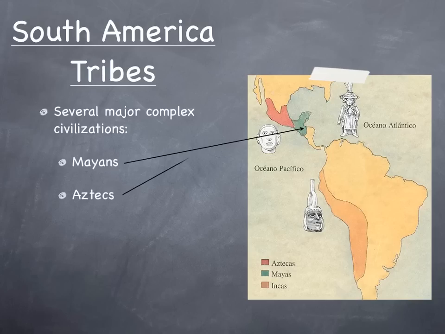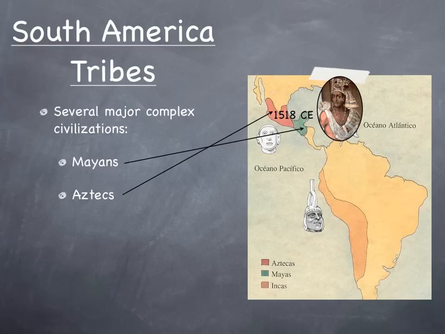The first one, and the reason it's the first one, because it will die out before the other one, is the Aztecs. They are located in the red. Their capital city, Tenochtitlan, is located where present-day Mexico City, the capital of Mexico, is located. Their ruler at the time was Montezuma II.